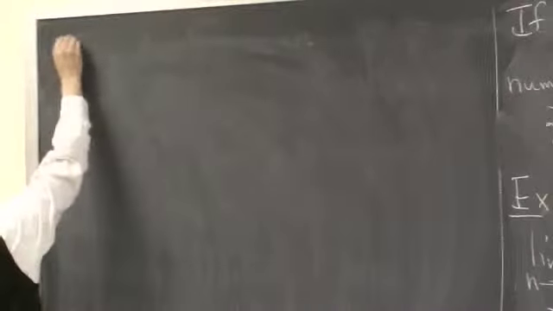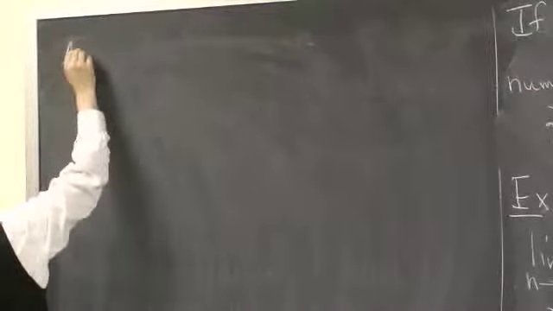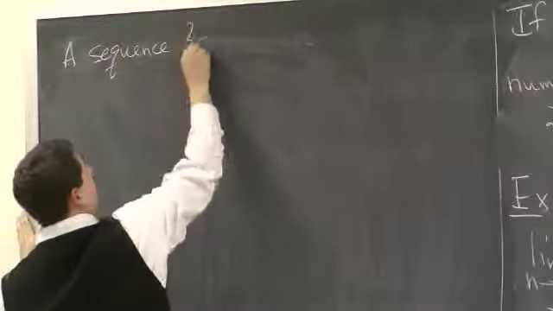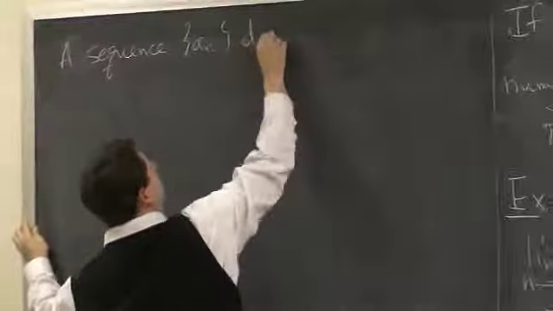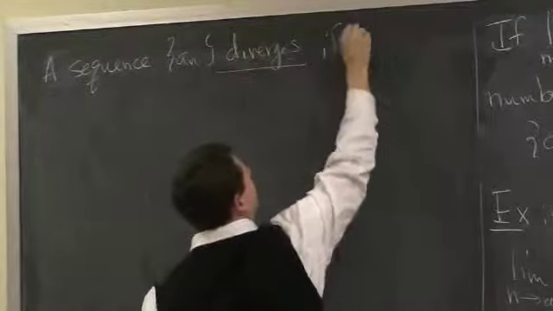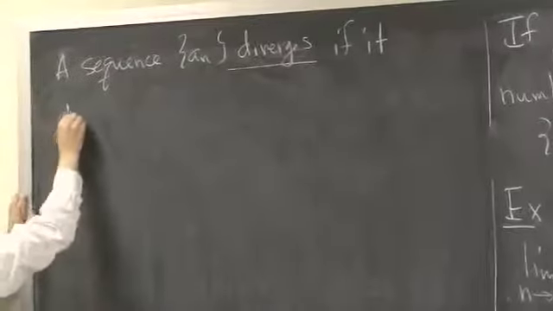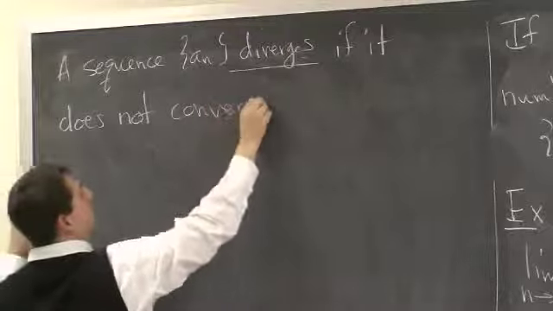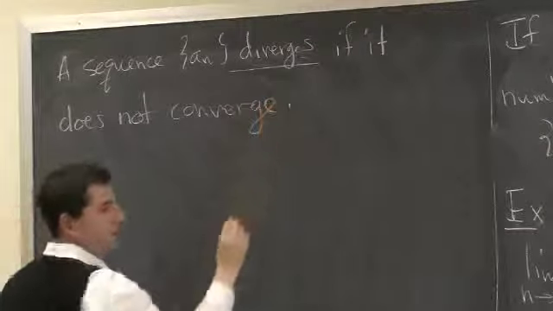Okay, so a sequence a_n diverges if it does not converge. Isn't that a great definition of something?